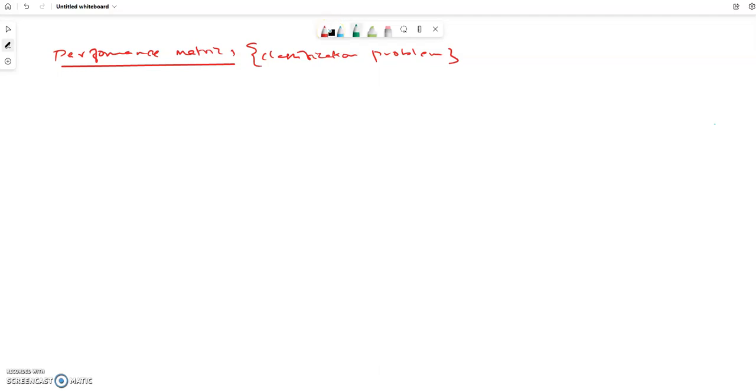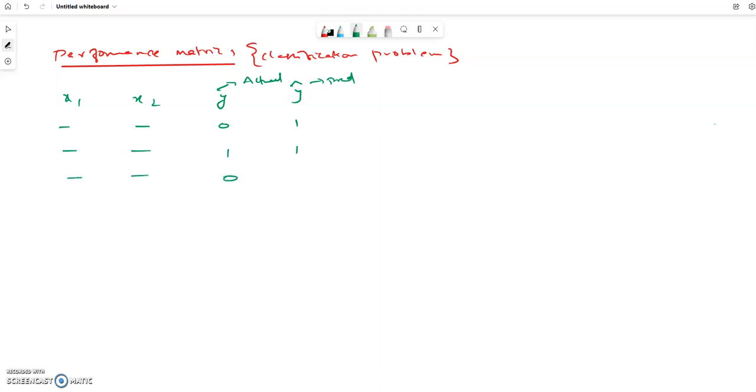Simply, let's say I have two features called x1 and x2, and I also have a y actual and a y predicted here. Now based on my data set, I have the values of y actual and y predicted. Let me just use this data set for a better explanation.